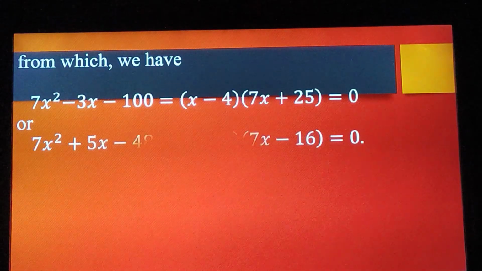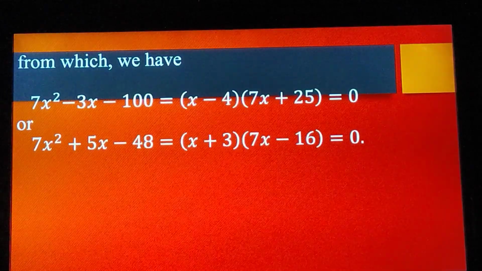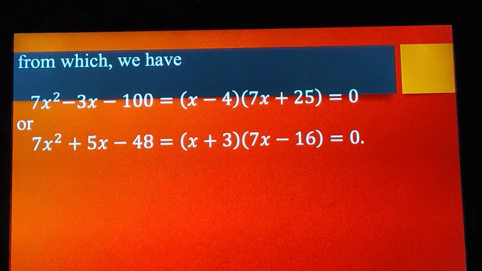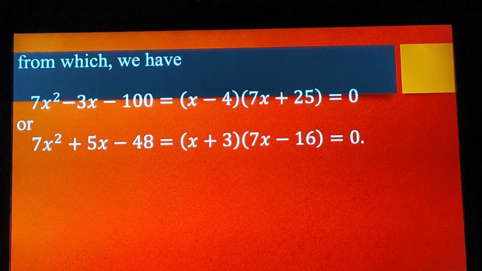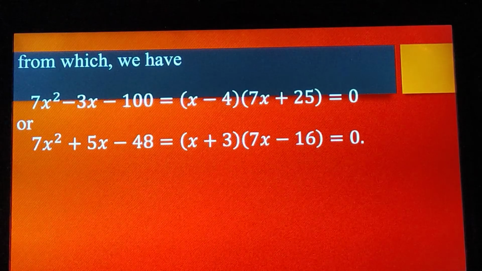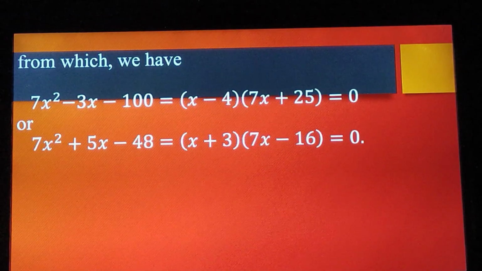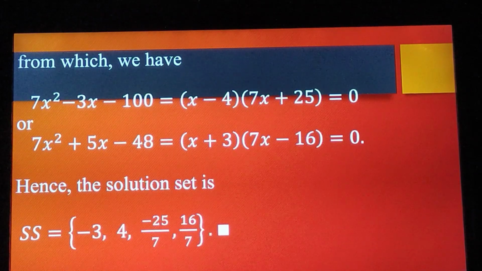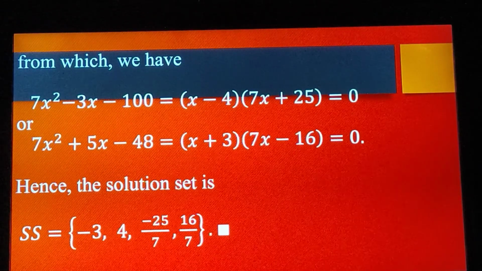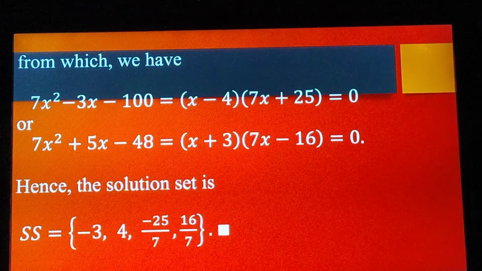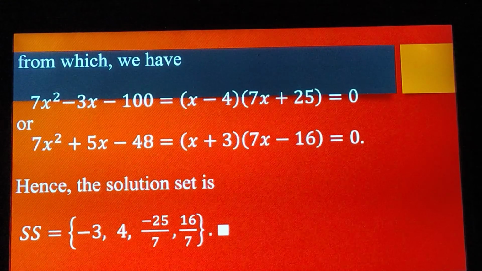And the other one is 7x squared plus 5x minus 48 equals the product of x plus 3 and 7x minus 16, which is equal to 0. And hence the solution set is the set containing the numbers negative 3, 4, negative 25 over 7, and 16 over 7.